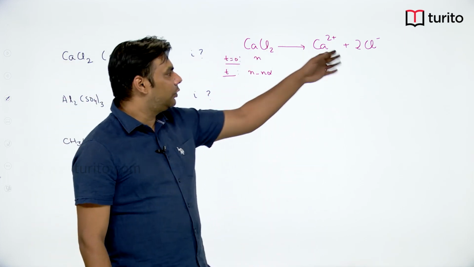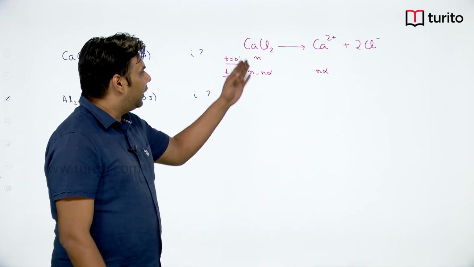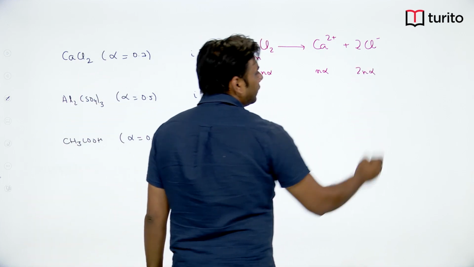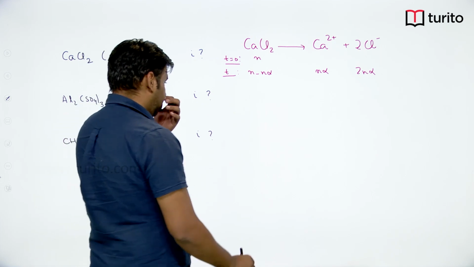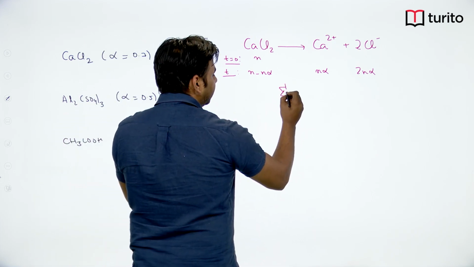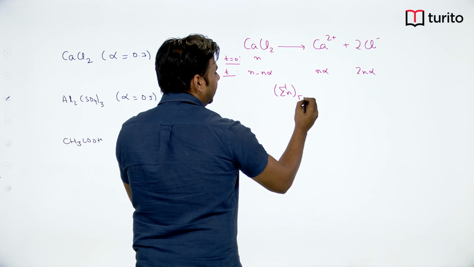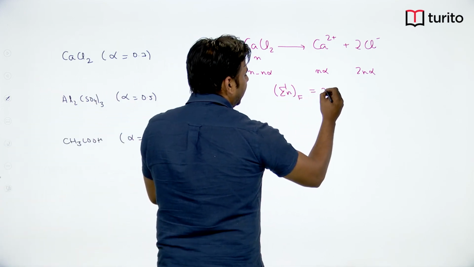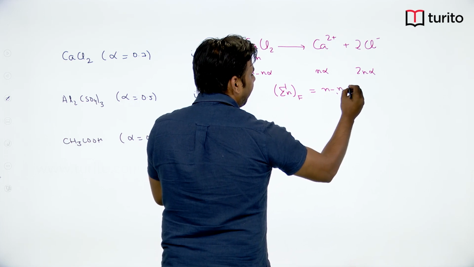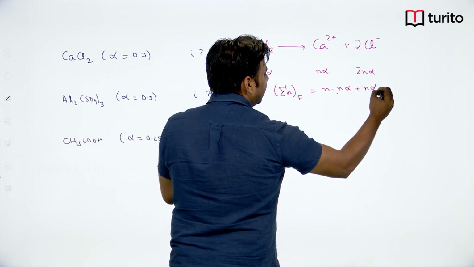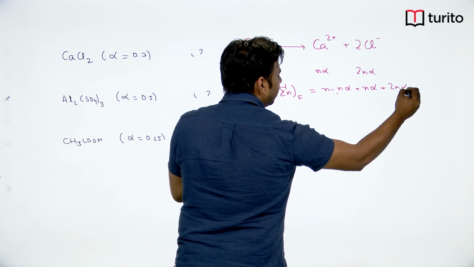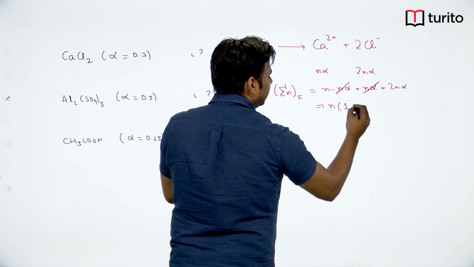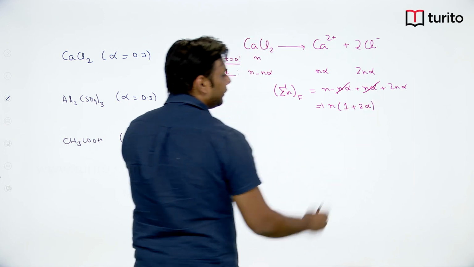Now 1 mole of calcium chloride forms 2 moles of chloride ion, so n alpha which reacted would form 2n alpha. The total number of particles finally would be n minus n alpha plus n alpha plus 2n alpha, so this cancels out and we get n into 1 plus 2 alpha.